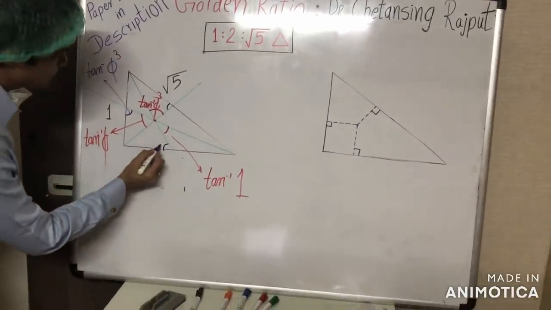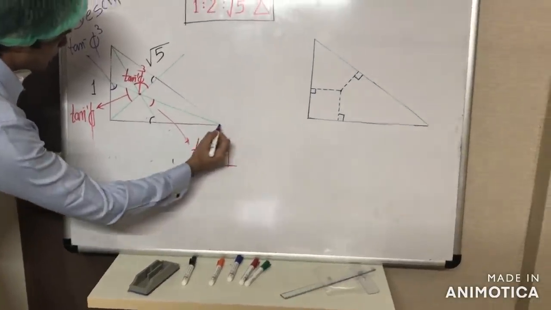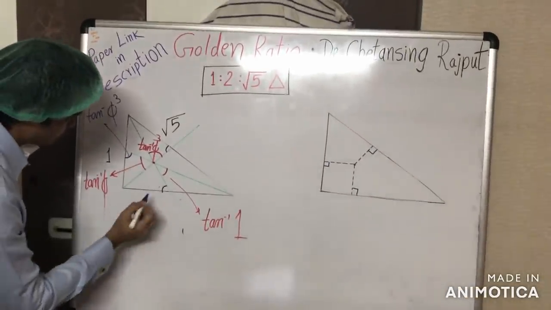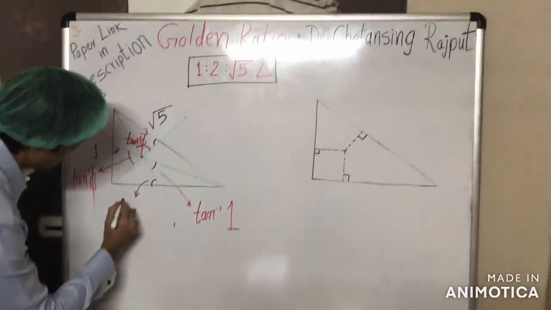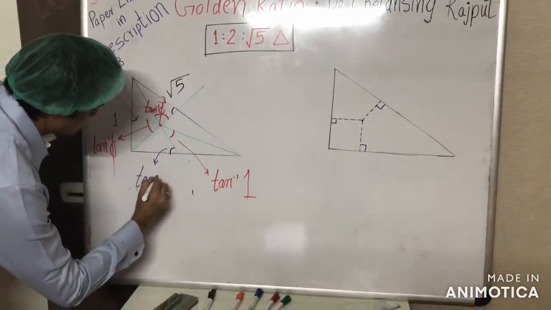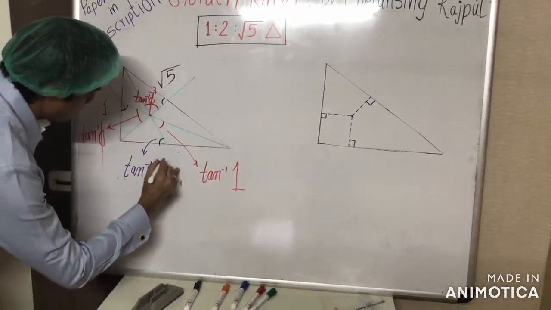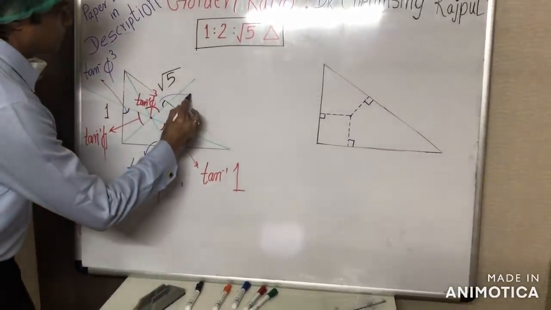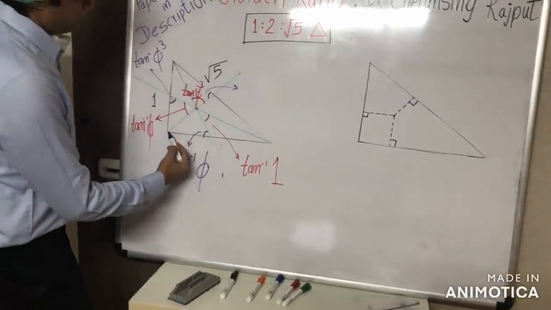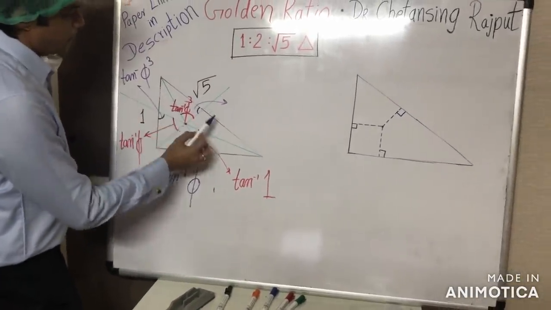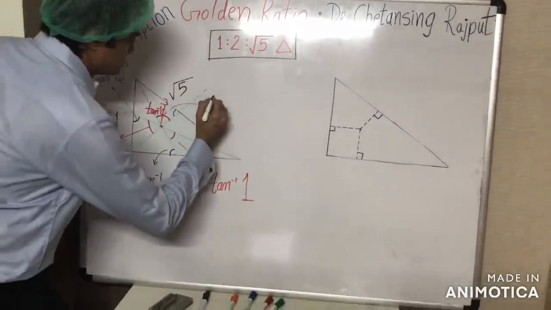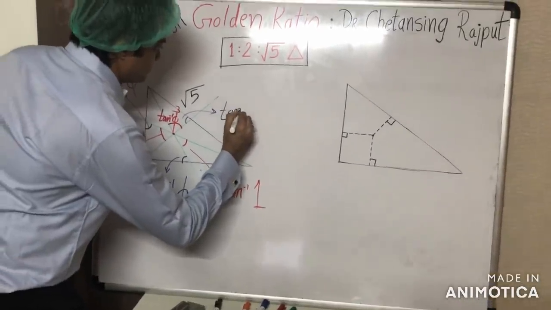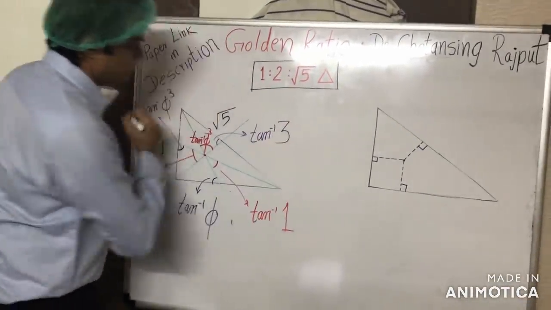Again, this angle here, the angle between the longer cathetus and this angle bisector, can be expressed in terms of golden ratio. It is precisely equal to arctangent of golden ratio. And this angle here, between the angle bisector of the right angle and the hypotenuse, is precisely arctangent of 3.